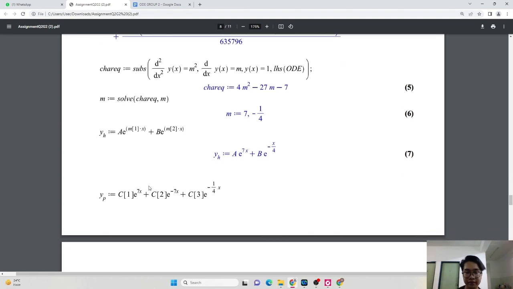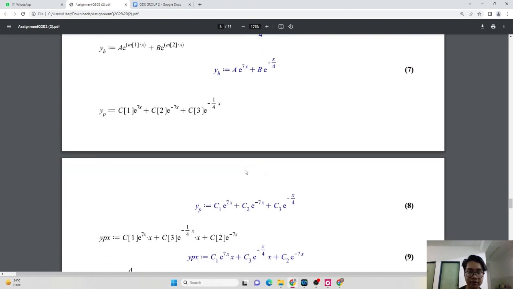Then the seventh step is YH equal A exponent power of M1 multiple X plus B exponent power of M2 multiple X. The answer is YH equal A exponent power of 7x plus B exponent power of negative x over 4.